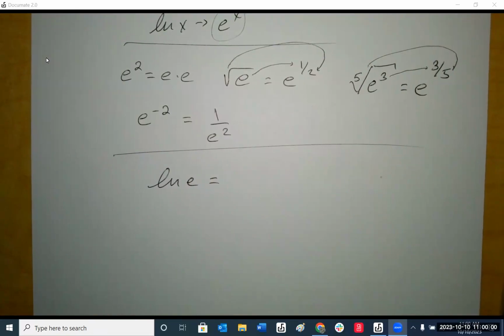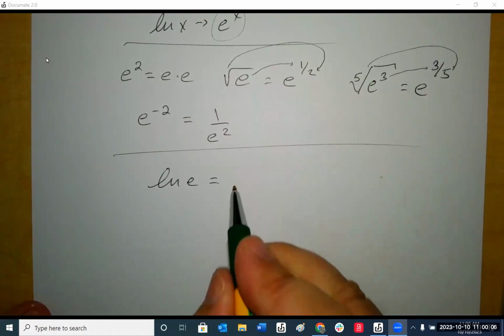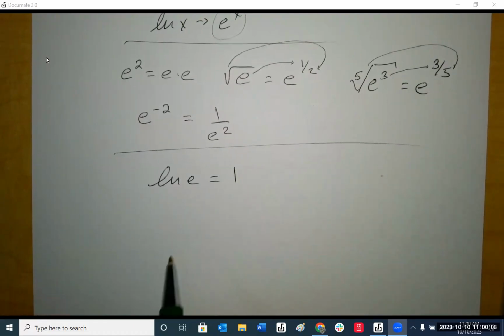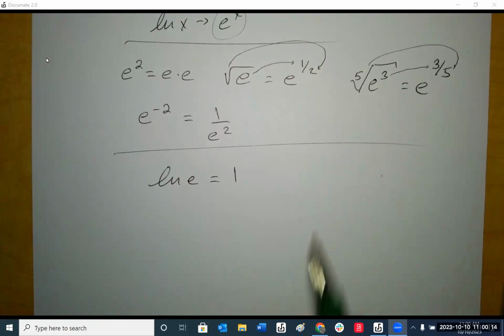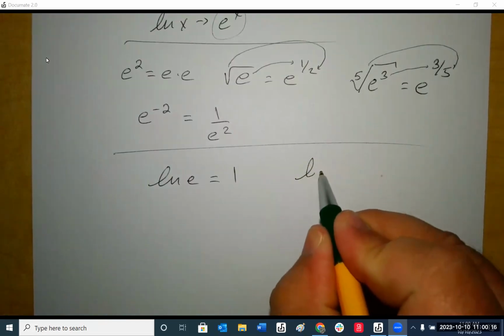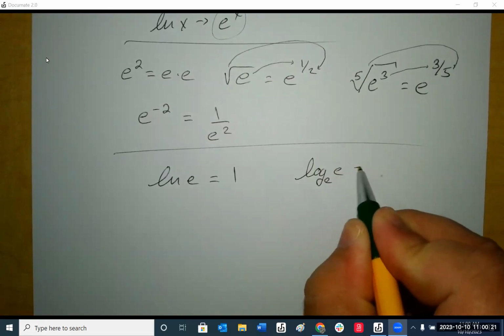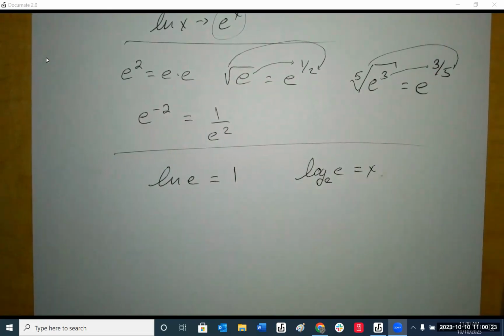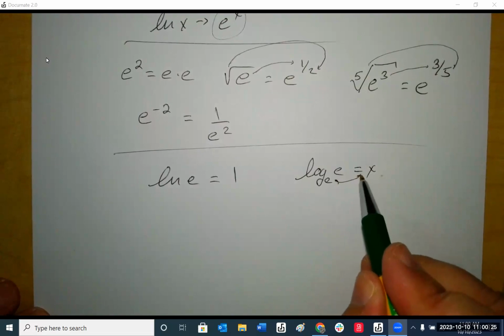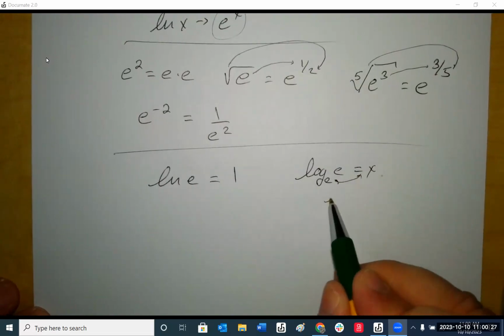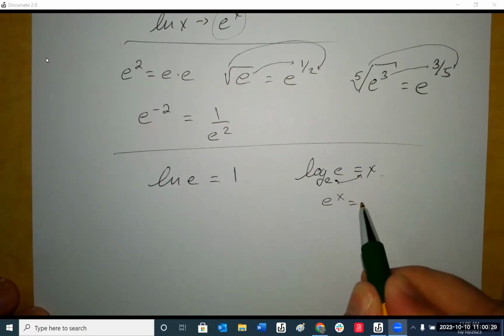What does ln e equal? Does everybody see why it equals 1? Log base e of e equals x. We went over this earlier. So to convert it to exponentials, we have e to the power x equals e.